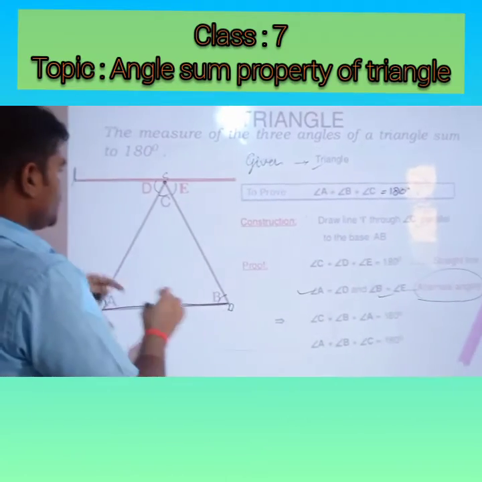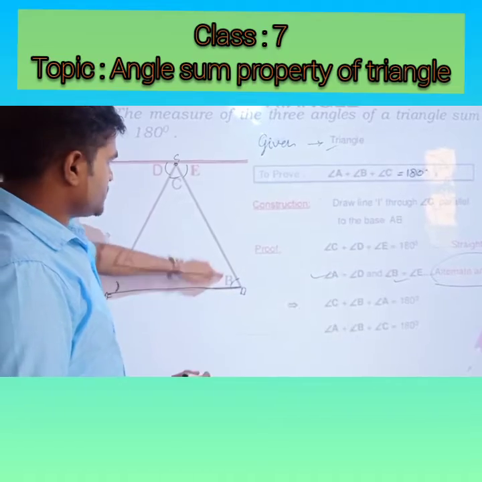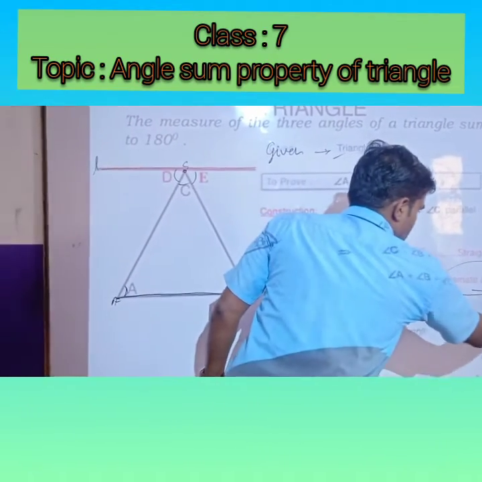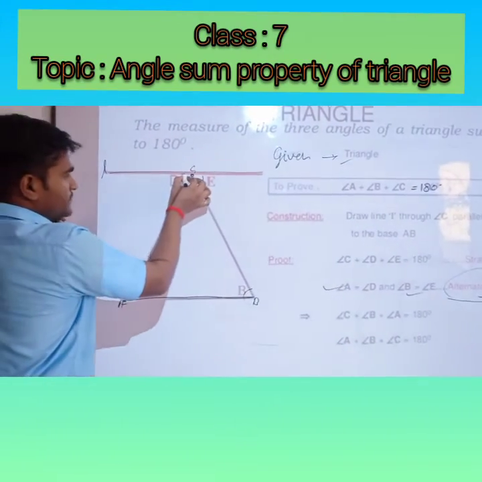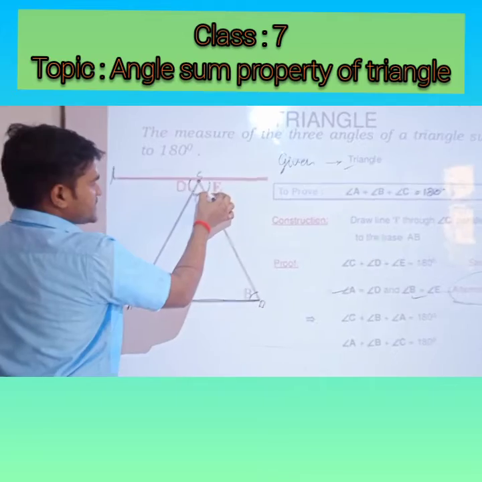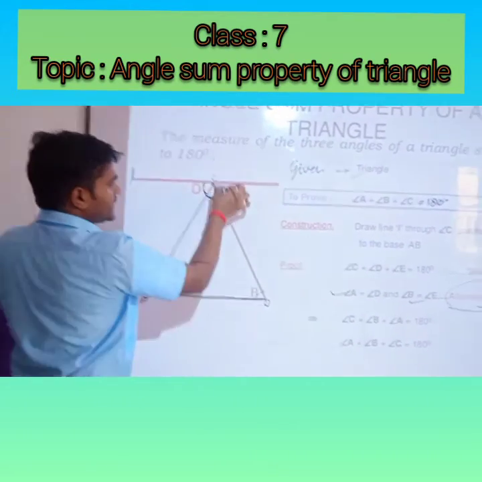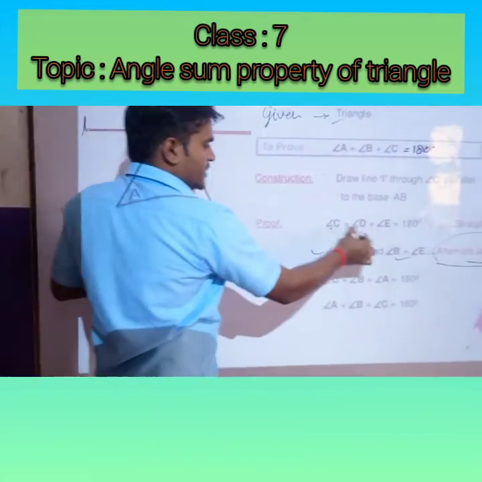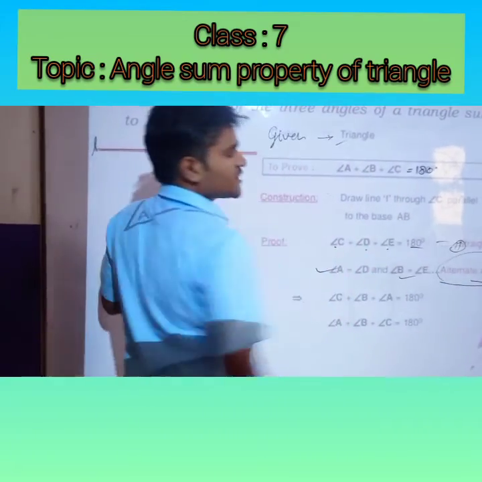So A is equal to D and B is equal to E. We consider this equation number 1. When we add angle D plus angle C plus angle E, this makes 180 degrees. So C plus D plus E makes 180 degrees. We consider this equation number 2.